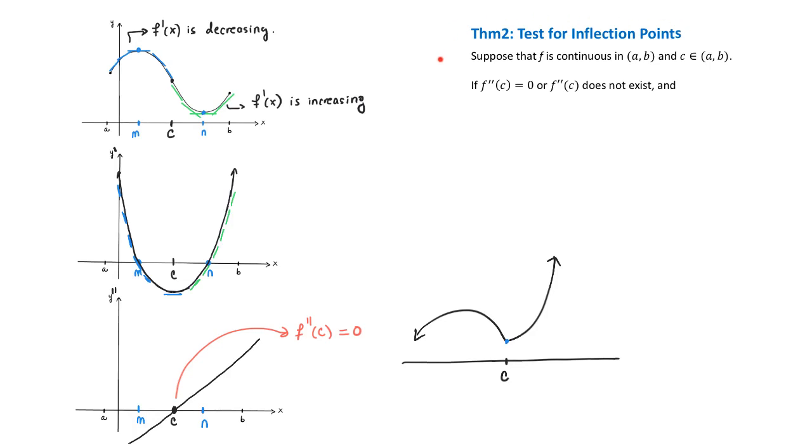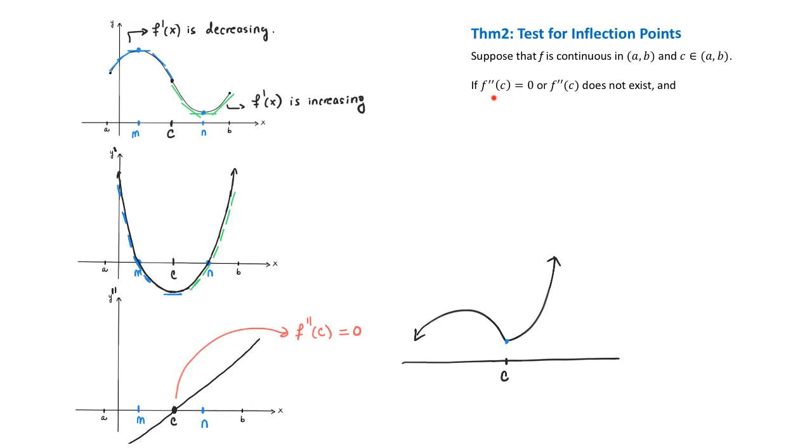So then I think that we're ready for theorem 2 to be able to state it nicely and to finish it up. The theorem says, suppose that f is continuous in (a, b) and c is in (a, b). So c is a point in this interval (a, b).